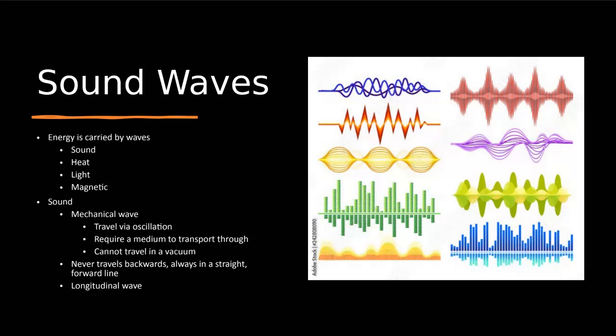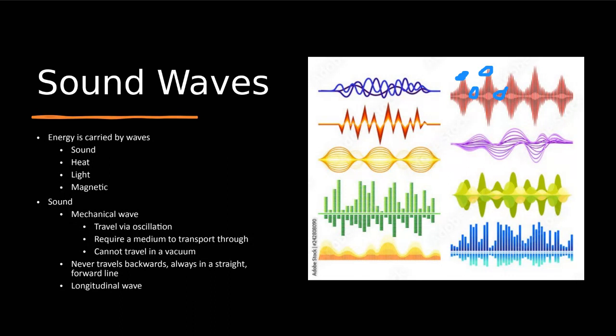If we also look at this picture here on the right side, we can see some of these examples showing that compression and rarefaction a little bit better. So let's look at the top right sound wave. These are all different ways that you can graph sound waves. In this top right picture, you can see the areas of compression here and the areas of rarefaction here, right? We're graphing those peaks and those valleys of what's happening to those particles as those sound waves are traveling through it.